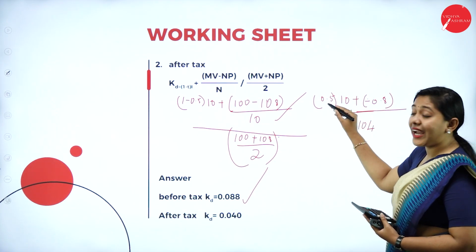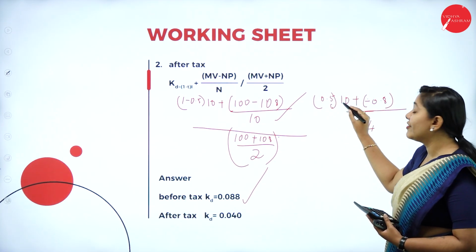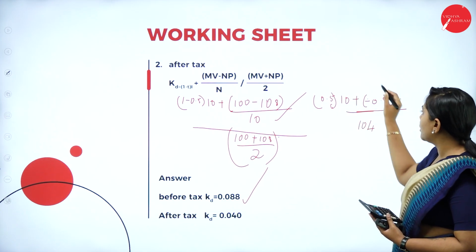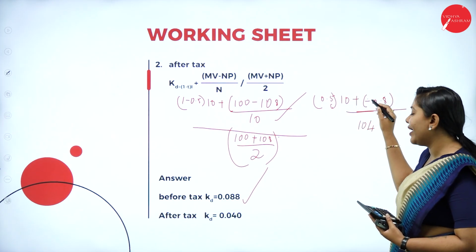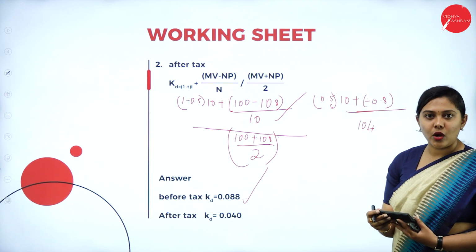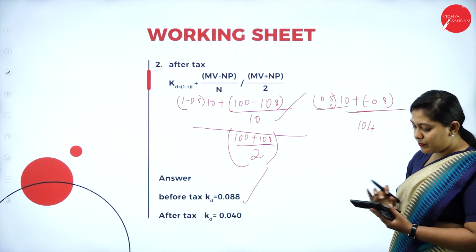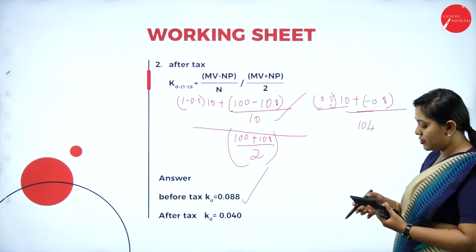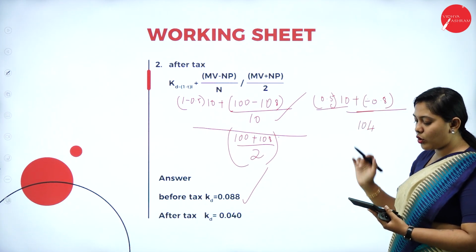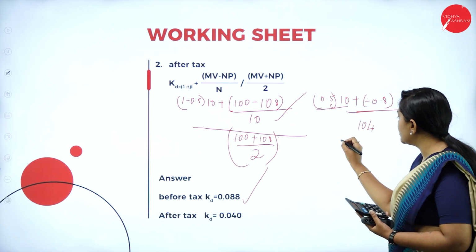So let's multiply this number first, 0.5 into 10, then add or subtract with this number and let's divide it with the denominator. So 0.5 into 10, it is how much? 5.